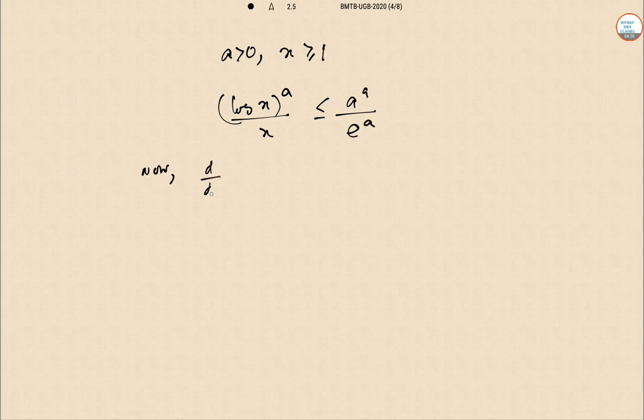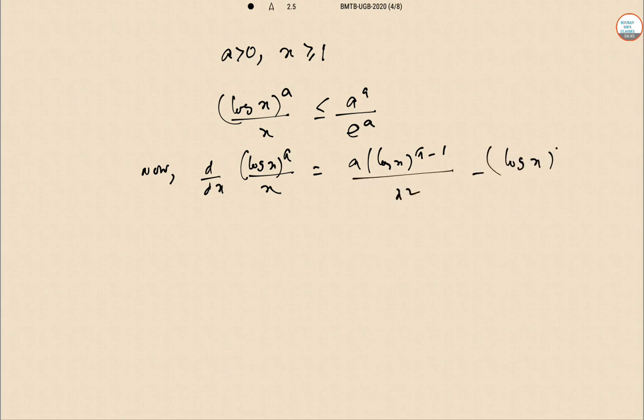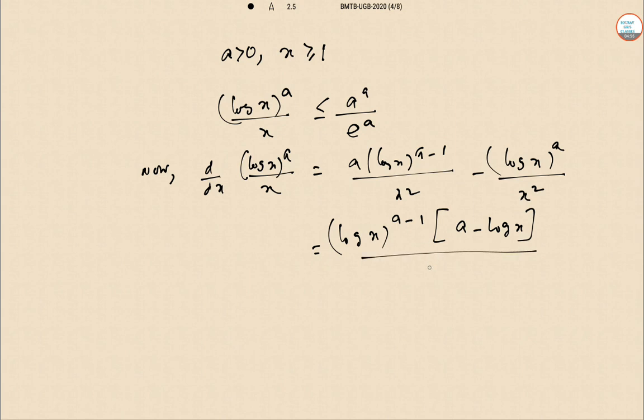Differentiating d dx of (log x)^a by x, what do you get? a (log x)^(a-1) by x square minus (log x)^a by x square. So this is (log x)^(a-1), taking the smaller one common, (a minus log x) by x square.